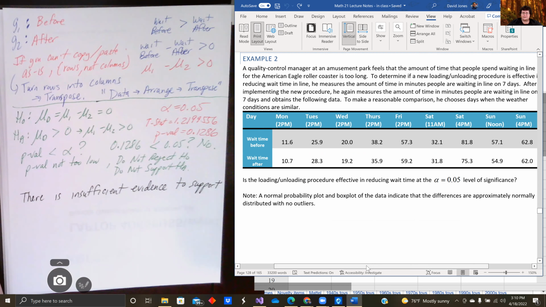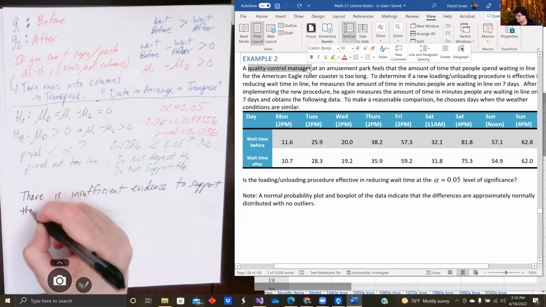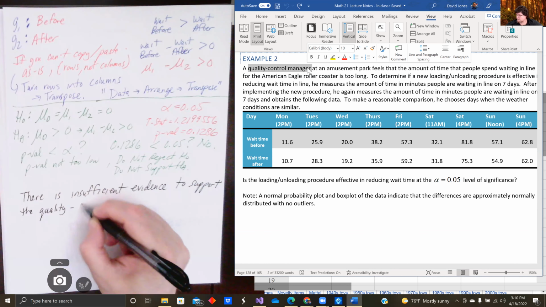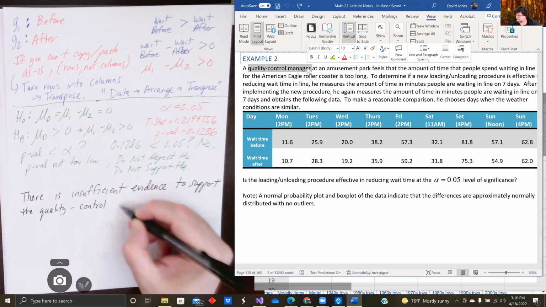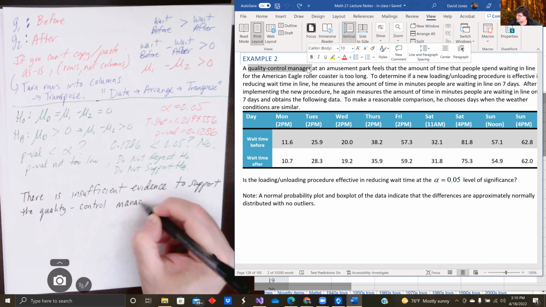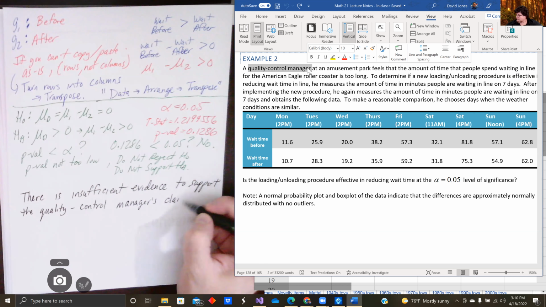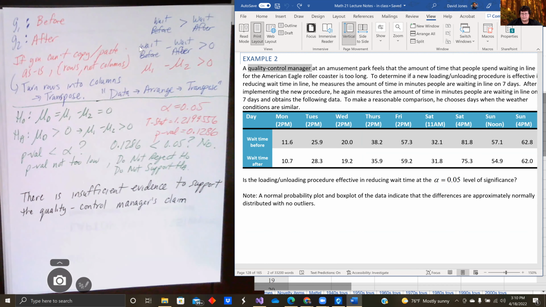There's insufficient evidence to support the quality control manager's claim, and I got the question right here.